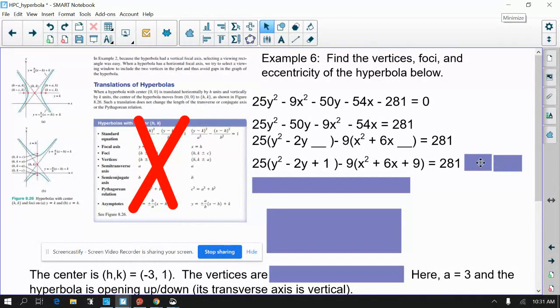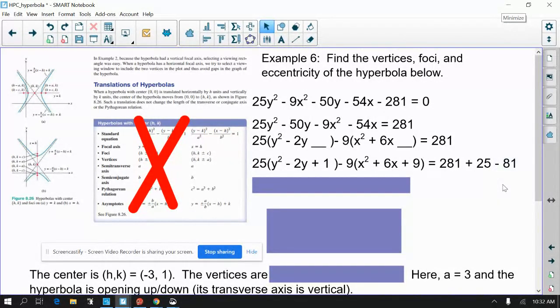But how do I keep the balance? When I put a 1 here, what did I actually do? I actually added 25 ones. So that's 25. So I need to keep the balance. I wrote down a 9 here. What did I actually do? You subtracted 9 nines, which is subtracting 81.